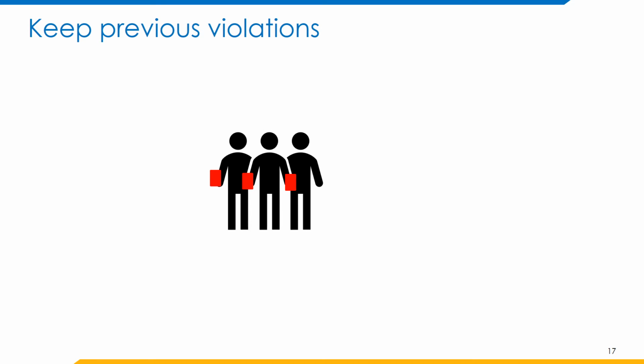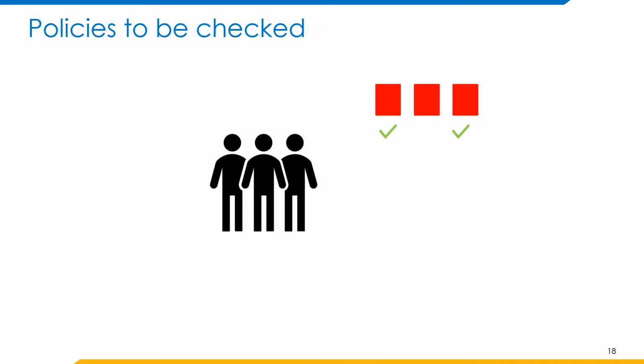Keep previous violations. It's always possible that there are changes that are made to the identity and the policy violations are no longer valid. This option helps us not to remove such existing policy violations on the identities.